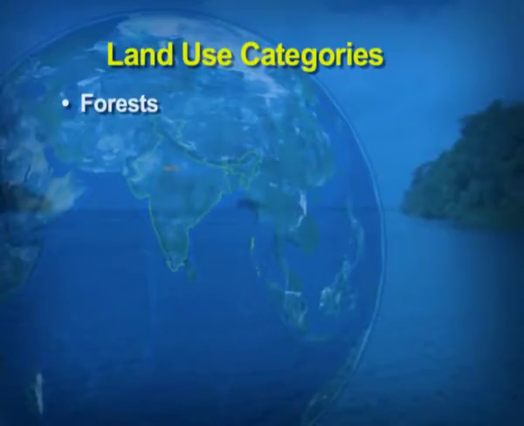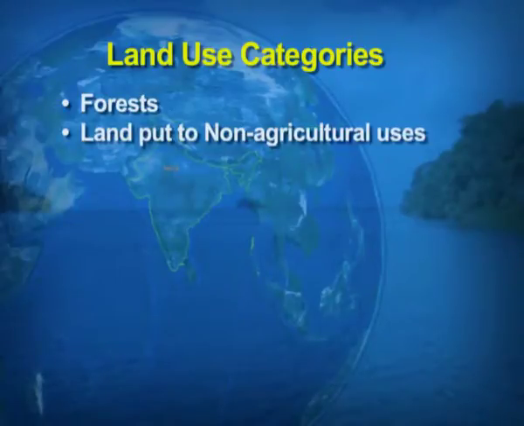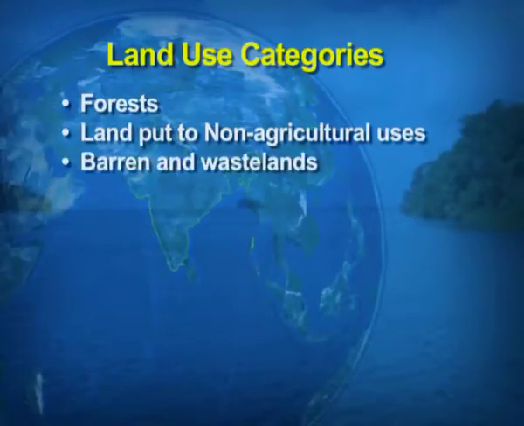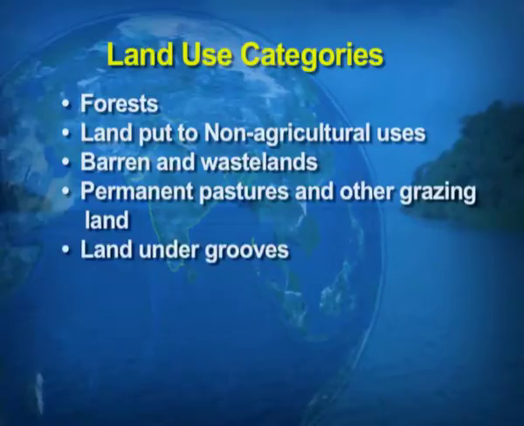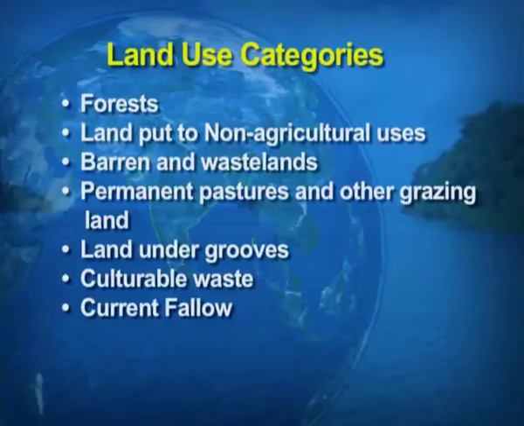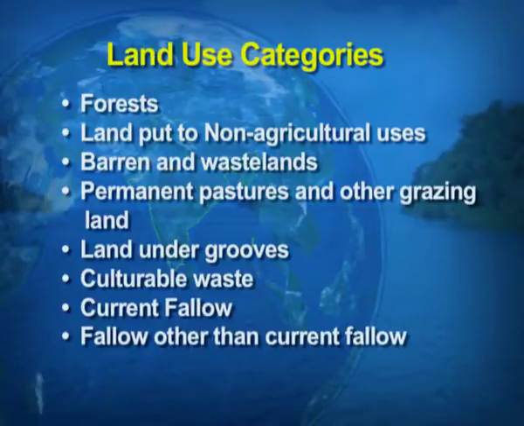Now, what are the different land use categories? Forests, land put to non-agricultural uses, barren and wastelands, permanent pastures and other grazing land, land under groves, cultivable wasteland, current fallow and fallow other than current fallow, and the net area sown.